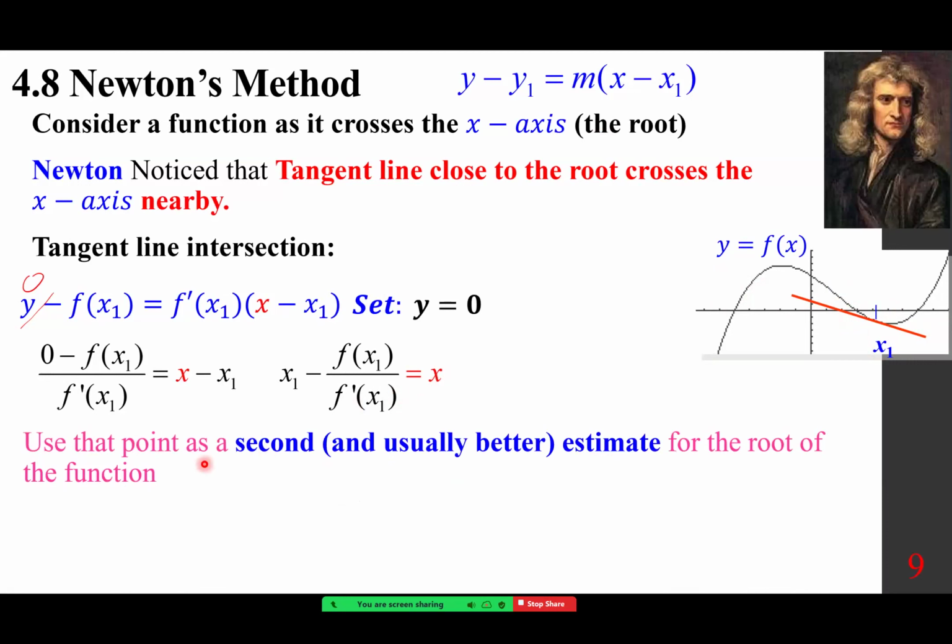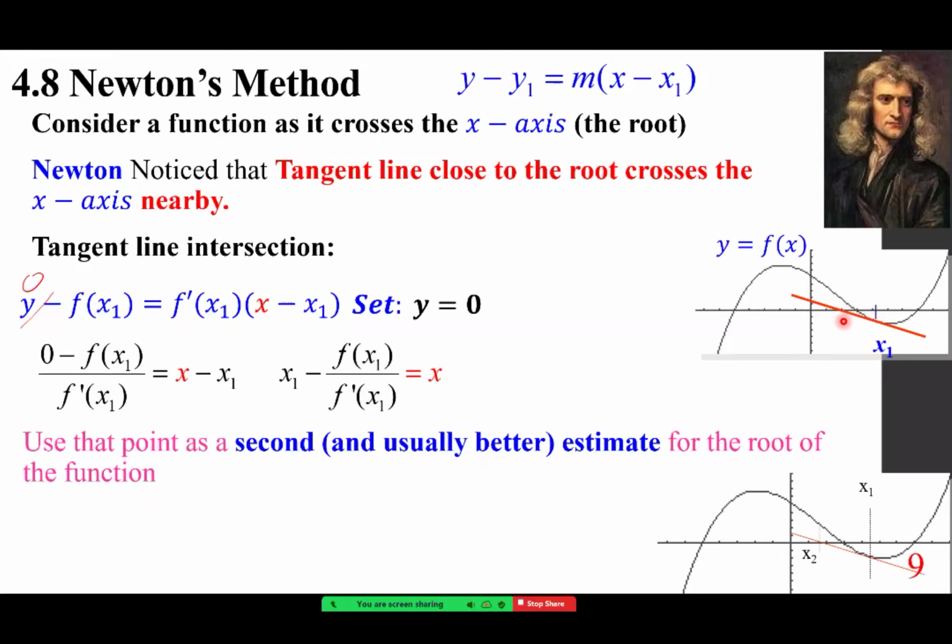Use that point as a second and usually a better estimate for the root of the function. So in other words, this is sort of closer to the root than this one. So we are not getting to the root yet, but it's slightly better.